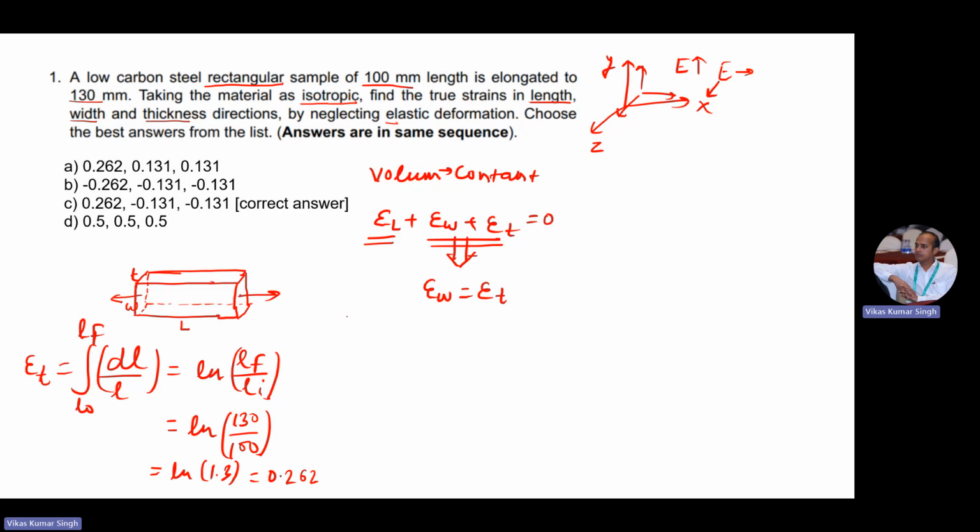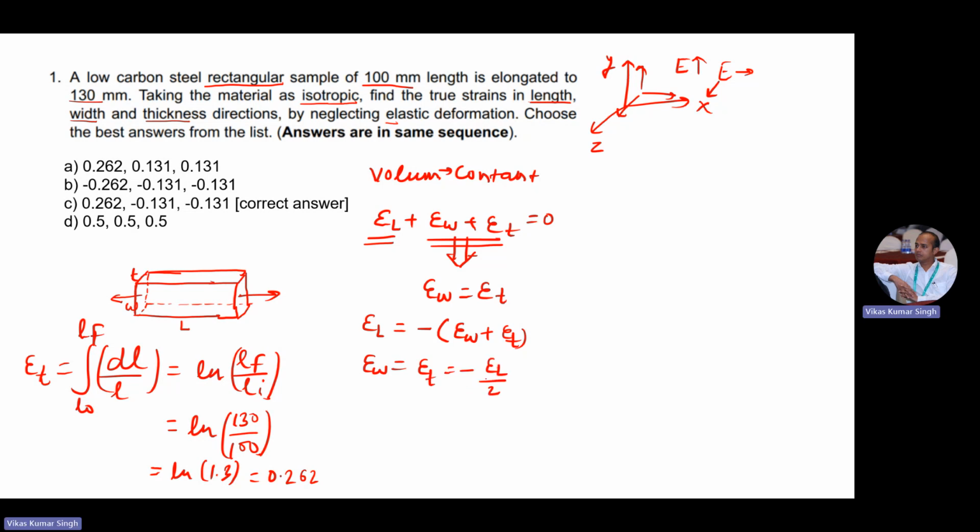So now the formula is epsilon L equal to minus of epsilon W plus epsilon T, and as both are the same, we can write epsilon W equal to epsilon T equal to minus of epsilon L by 2. We can write it like that.